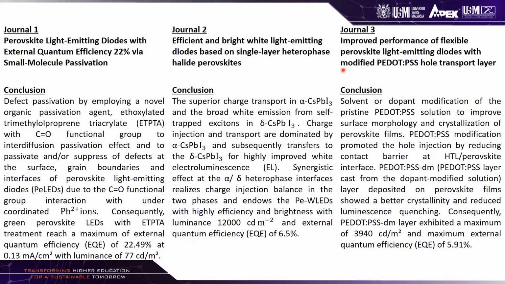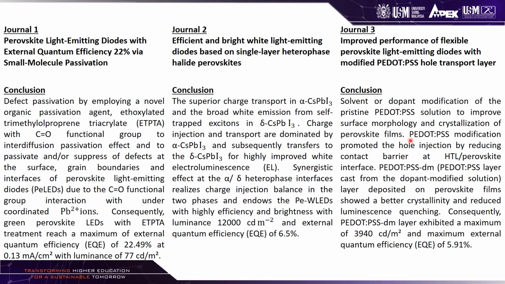For Journal 3, improved performance of flexible perovskite light emitting diode with modified P-dot:PSS hole transport layer. Solvent or dopant modification of the pristine P-dot:PSS solution improves surface morphology and crystallization of perovskite films.